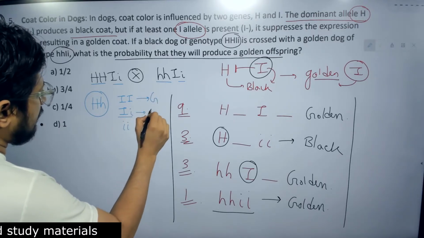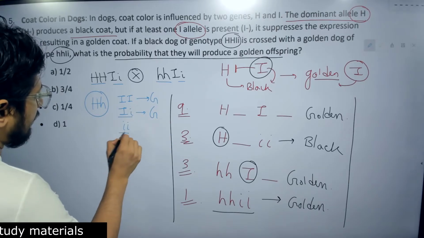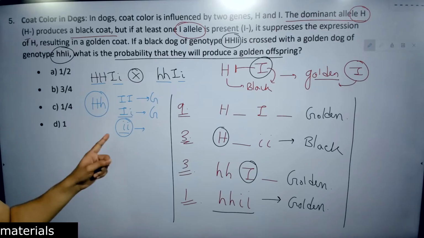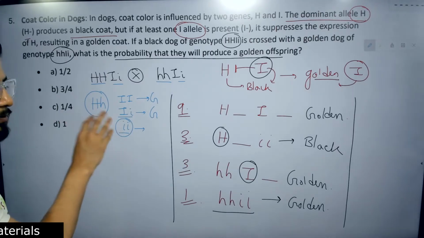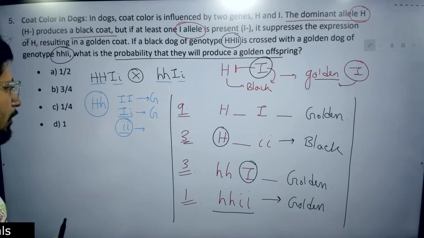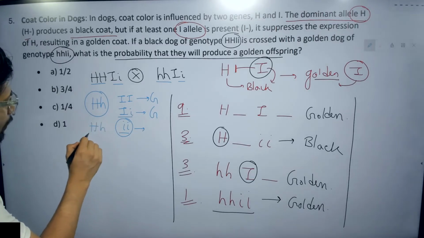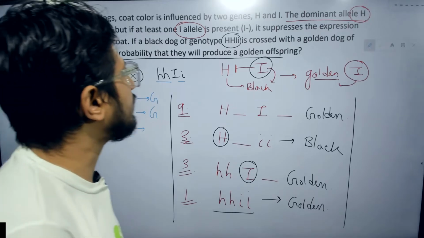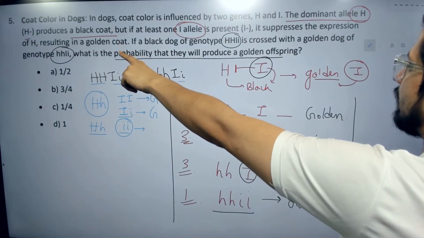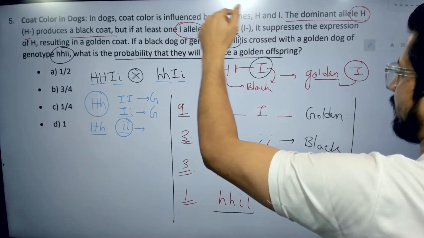Capital I is also present here, leading to a golden offspring. And here small i is there, so there is no capital I on only one occasion. Only one genotype can be formed where there is small i, along with capital H, small h. Capital H produces black coat color, but if at least one I is present it will suppress.